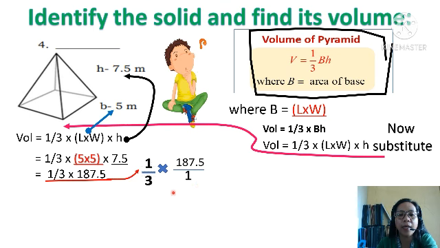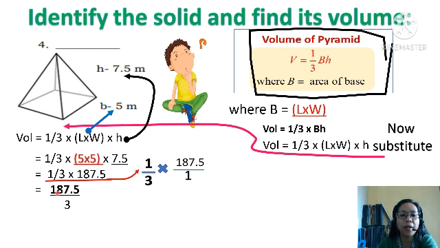So, anong mangyari? Multiply now the numerator, multiply now the denominator. 1 times 187.5 equals 187.5. 3 times 1 equals 3. Okay, na-gets ba? So, ngayon, meron ka ng whole number na numerator at whole number na denominator.